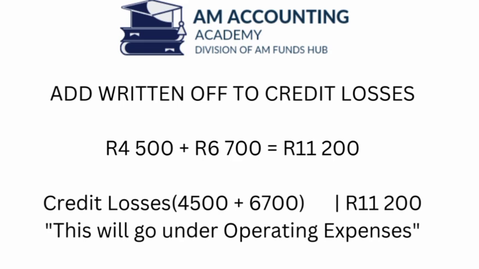Now this is how it would look on your income statement or statement of profit and loss. Credit losses, open bracket 4,500 plus the 6,700 and close the bracket, and on the total column you will write 11,200. Now remember, credit losses will go under your operating expenses.